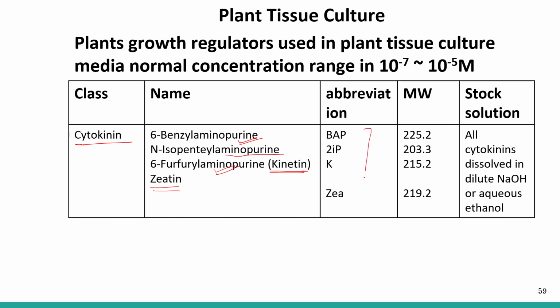Their abbreviation and molecular weight are given here. All the cytokinins are dissolved in dilute NaOH or aqueous ethanol. So there are a number of cytokinins available. We can use any one according to the culture medium we are preparing.